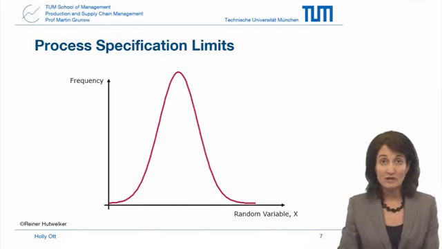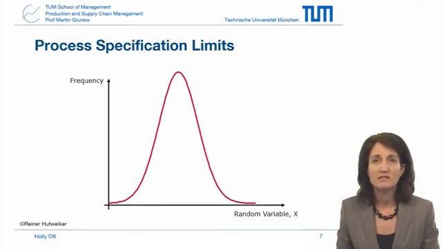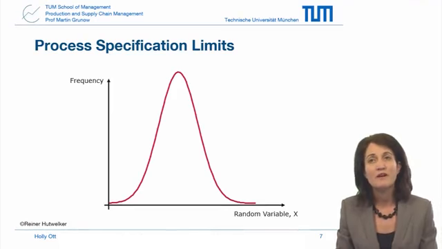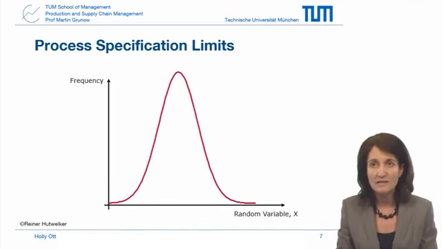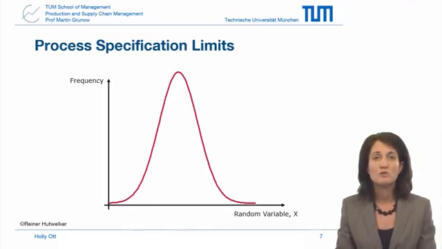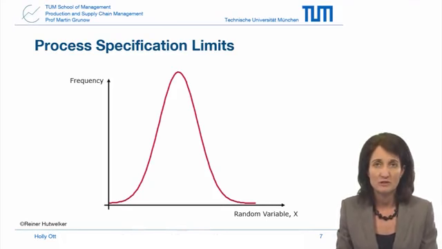So taking our model then, as we said earlier, the product specifications are the targets and limits of variation for the particular product features so that the product can be produced at a reasonable cost while meeting the customer needs. Now, using the model of population for our random variable, we can then compare this distribution to the product specifications.